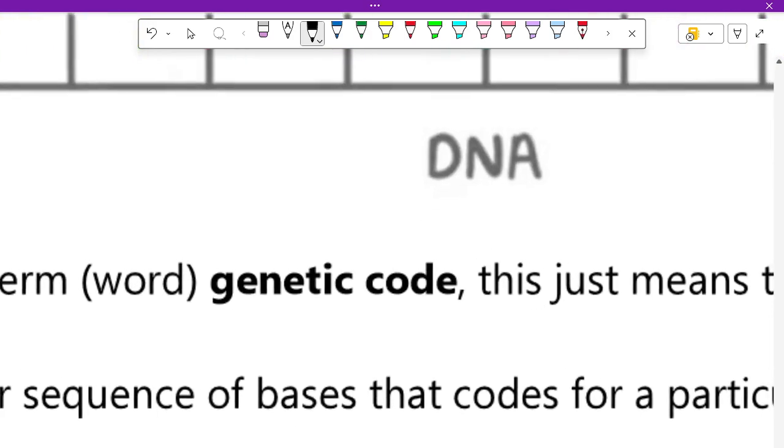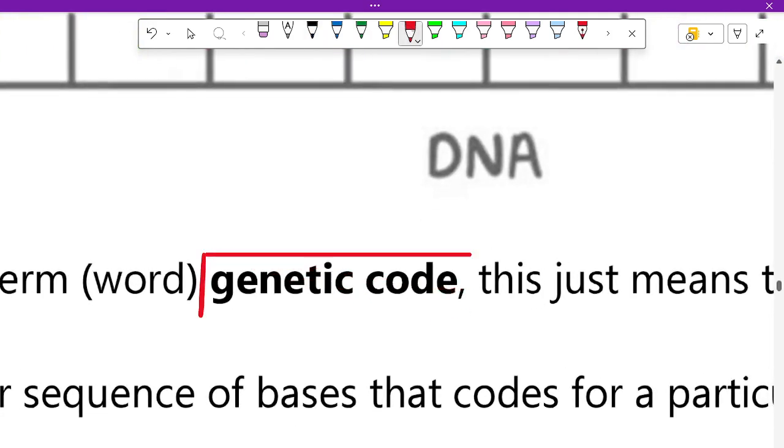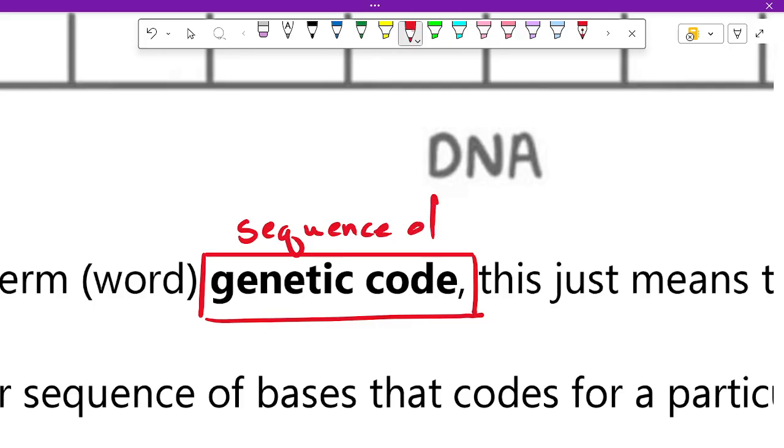What does the word genetic code mean? Yep, it is the sequence of bases. I know.